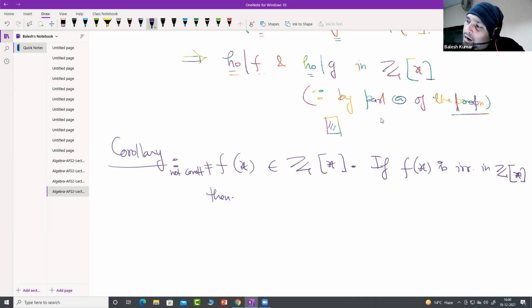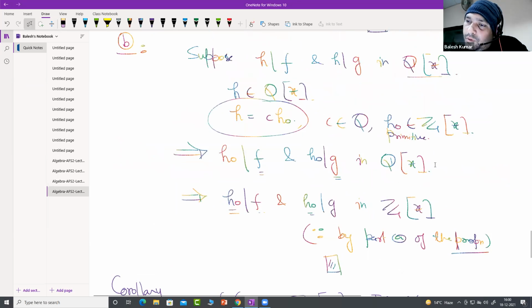But if you are in nice rings like unique factorization domains, and a polynomial is irreducible over a unique factorization domain, then you can say that the polynomial will still be irreducible over its field of fractions. Then f(x) is irreducible in Q[x]. So this is a corollary of the above proposition.